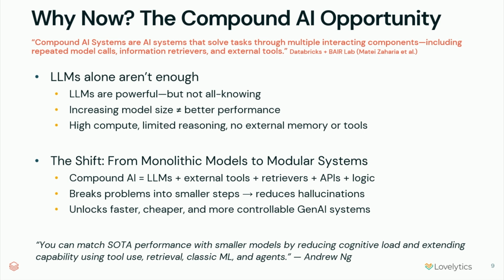Basically, compound AI systems are AI systems that solve tasks through multiple interacting components, including different types of LLMs, information retrieval, APIs, and all that type of stuff. Simply put, it is a very modern architecture with LLMs as just a component. I write frequent blogs, and in fact, I wrote a blog about this several months ago, about how most modern architectures these days are not LLM-centric.